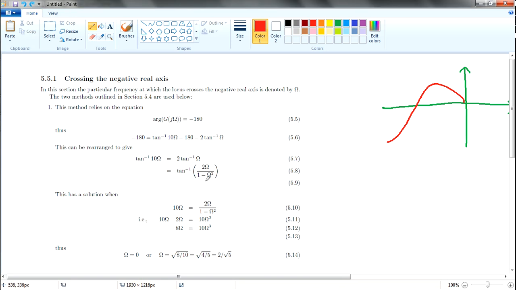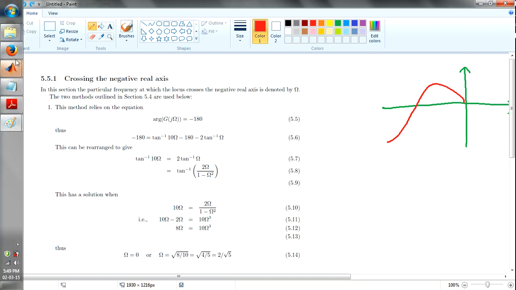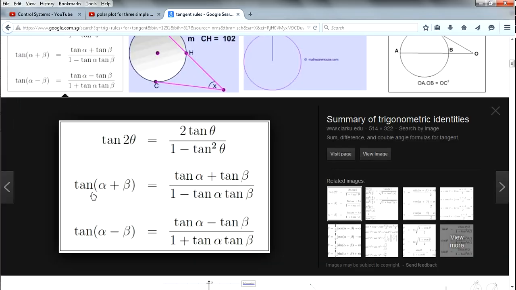Now here comes the tricky part. How do you change this thing into this form? Actually it is just using tangent.